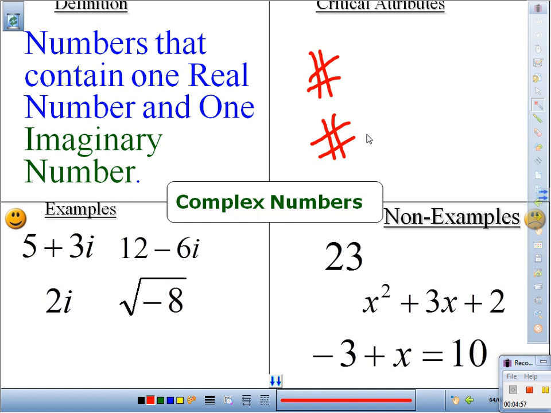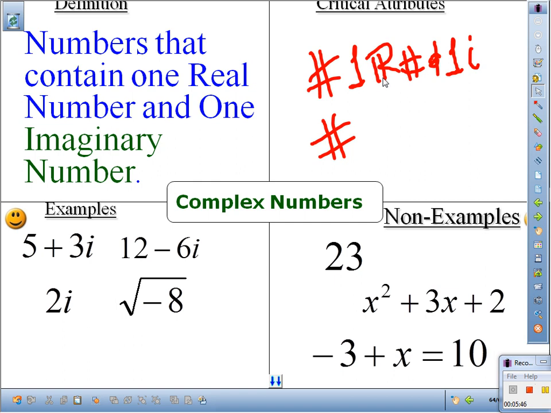Okay. How about Carlo? Hashtag what? One real number and one i. Is that correct? Oh, my bad. It has two hashtags.